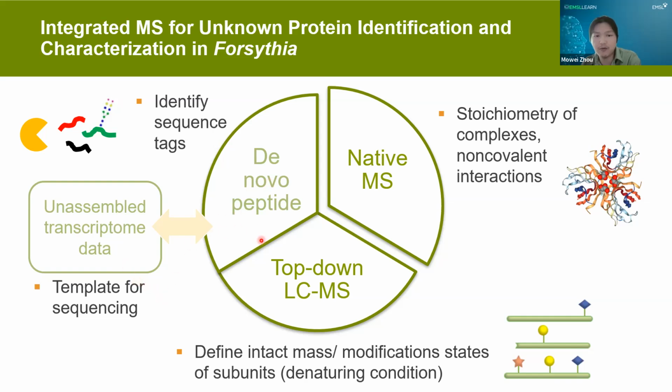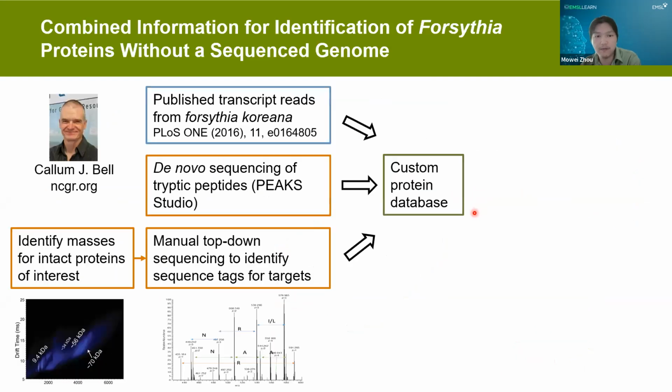Then we combined them, along with some top-down data, with those bottom-up and transcriptomics data to create candidate sequences and validate them. We also performed some native mass spec to study if there's any complex formation among those proteins.